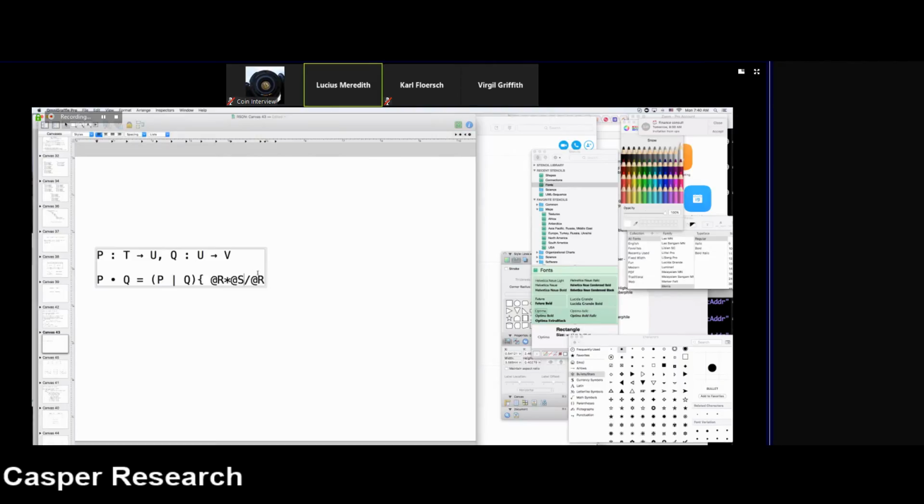And so this is scoped. These are the at R's that live inside sigma of U.